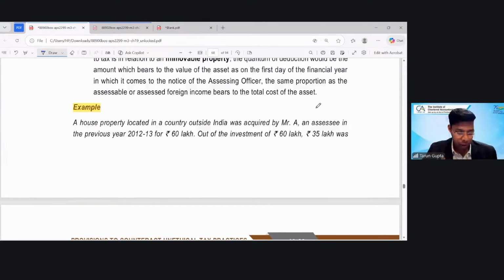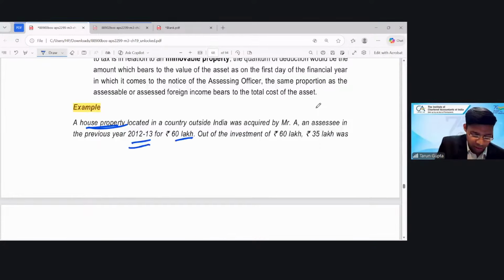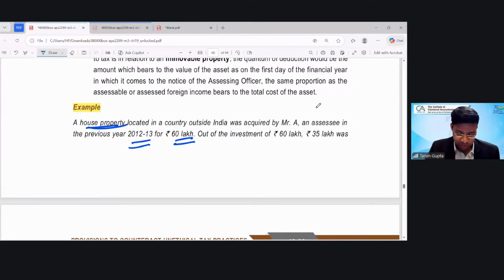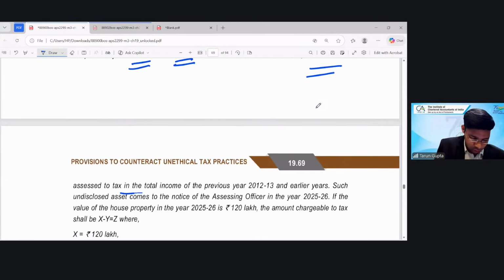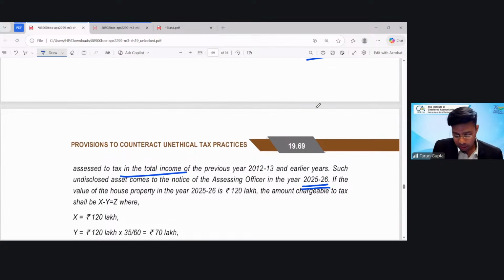A house property located in a country outside India. So it's a house property, you will do the proportionate. It was acquired by Mr. A in previous year 12-13 for rupees 60 lakh. Out of the investment of 60 lakh, 35 lakh was assessed to tax in total income of previous year 12-13. So it was in white in earlier years. Such undisclosed asset came to the notice of AO in 25-26.